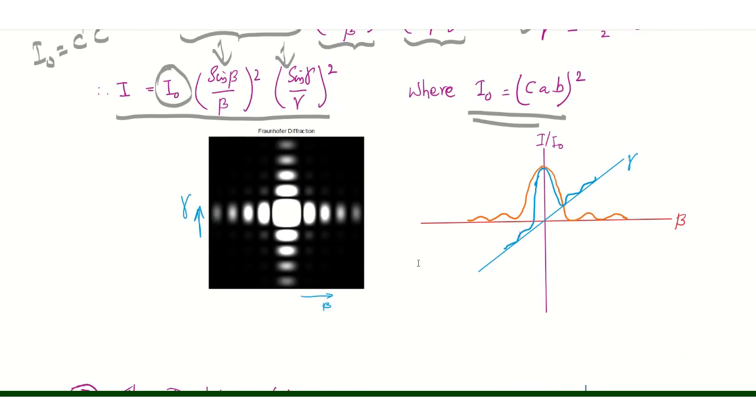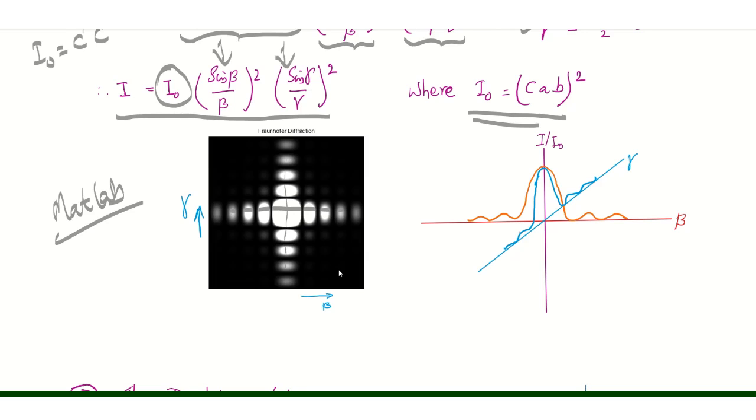Okay, this is something which you can calculate using MATLAB. You can substitute the values and calculate this and get an image like this one. Like you have two sinc square functions going in both directions.